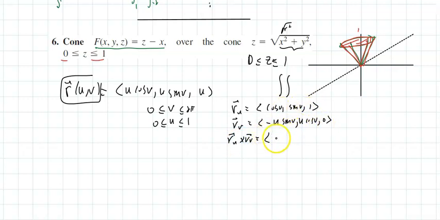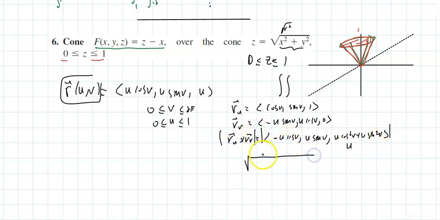That's going to be 0, that's going to be negative u cosine of v, the j component minus, it's going to be u sine of v, and that's going to be u cosine squared of v plus u sine squared of v, right? So this is u.